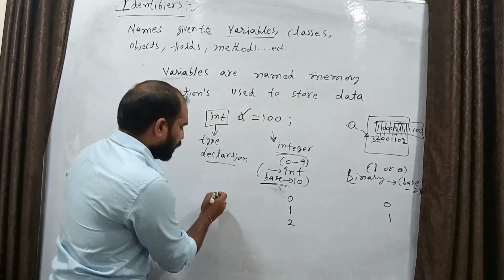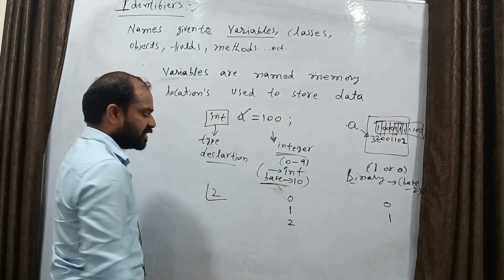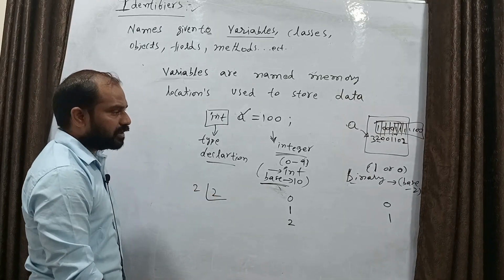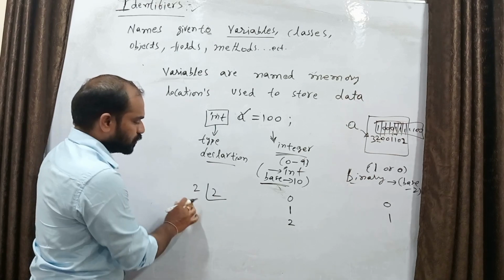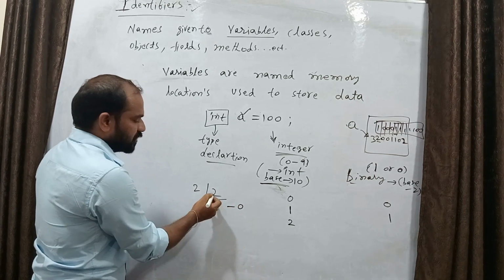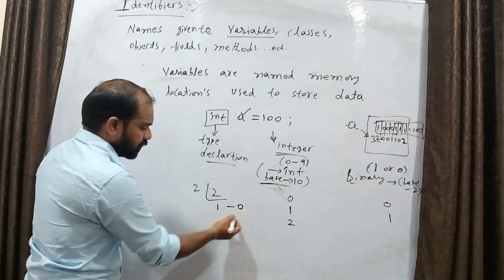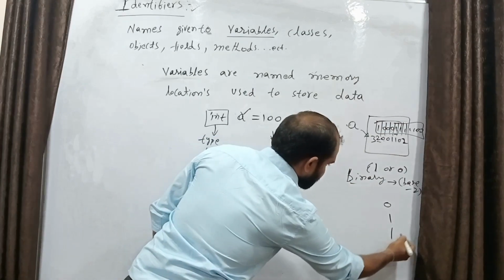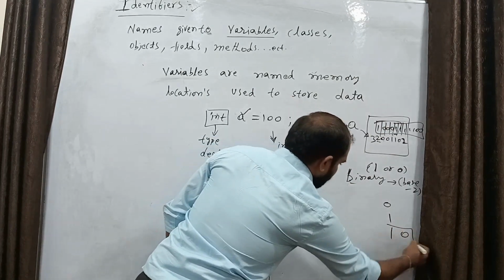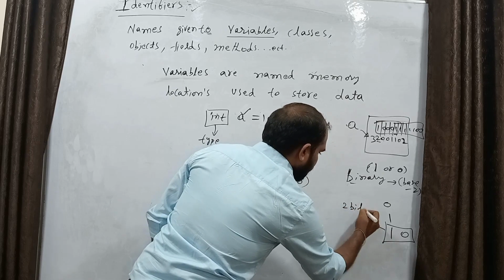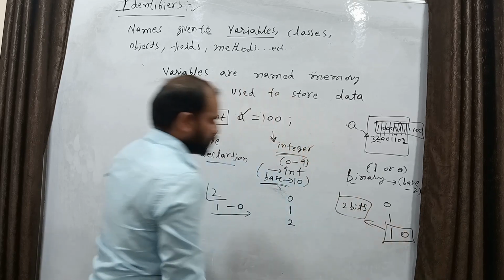How can we convert it? Take this integer data and divide it by the base of the binary number system, which is 2. How many times? 1 time, and write down the remainder. So 2 1s are 2, then the remainder will be 0. Now write down this number from left to right. This is the representation of 2 in binary. So how much memory will it take? 2 bits are needed to store this data.